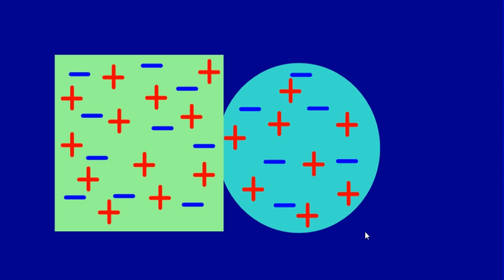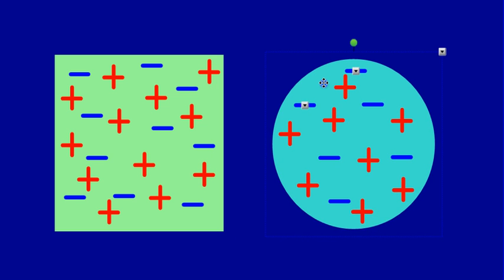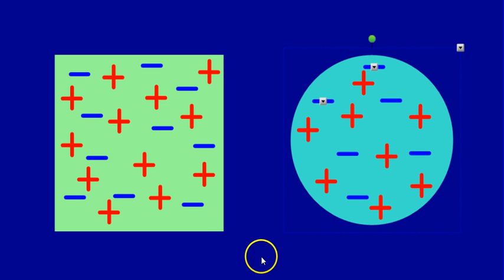Notice that I moved two electrons, or two negative charges, into the circle. That's because my circle was initially a +4 charge, and now that I've moved two negative charges, both my square and my circle have a +2 charge. I can now separate my two conductors, and both of them are left with a +2 charge.